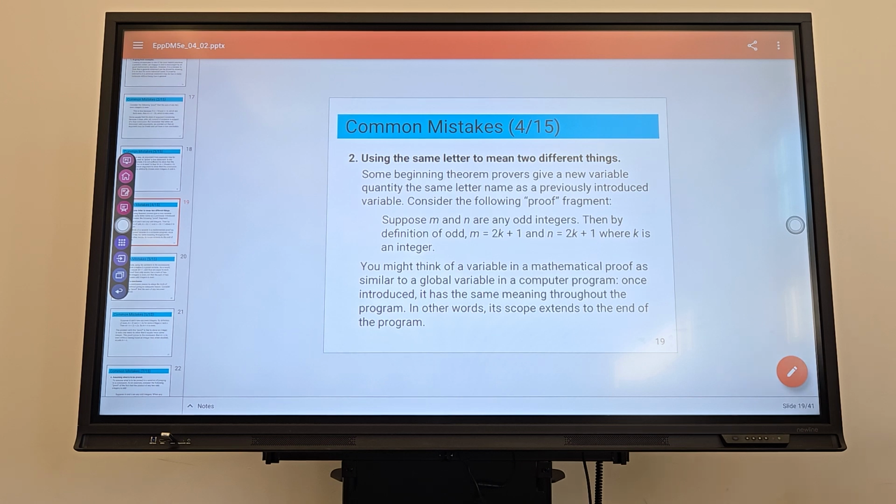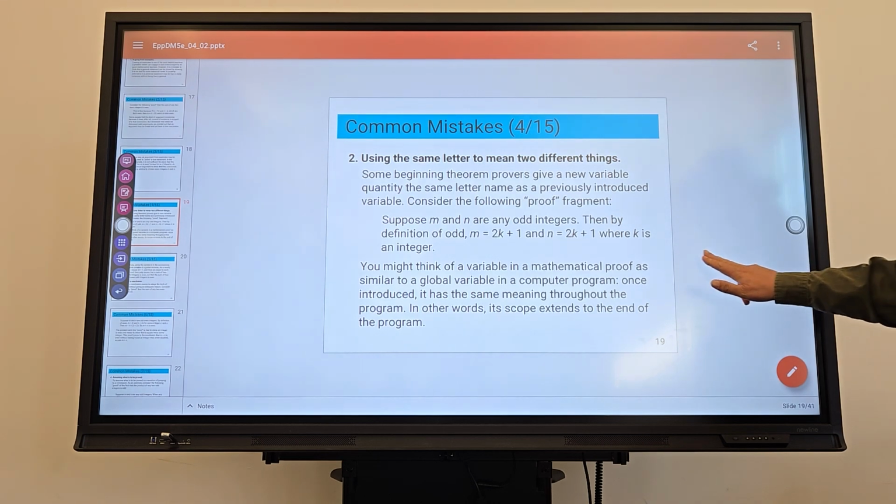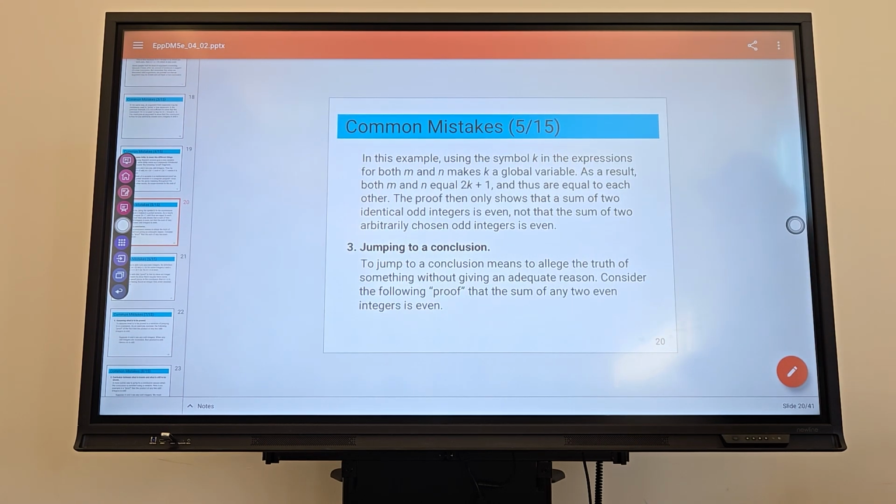So that only shows that m and n are both identical odd integers. So the proof only shows that the sum of two identical odd integers is even, not that the sum of two arbitrarily chosen odd integers is even.